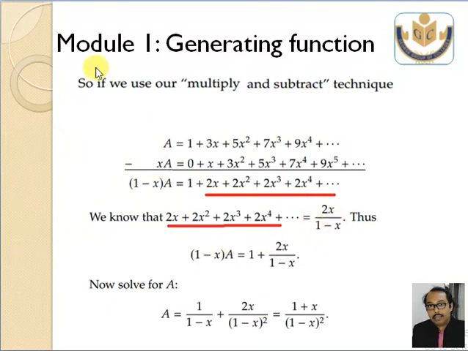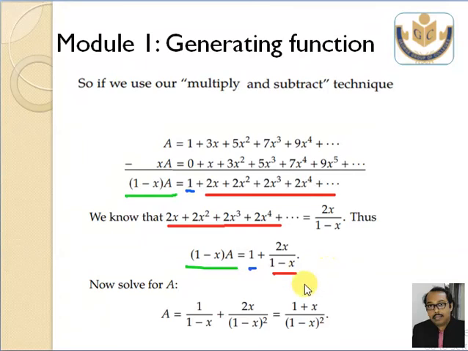Now this green color and this green color is equal to this blue color and this blue color, and this red color is equal to this. This is known to us.